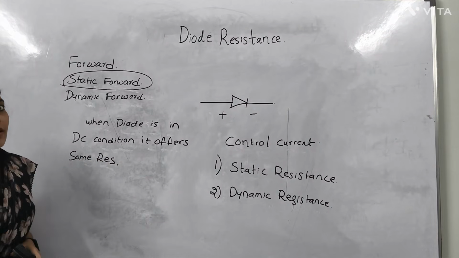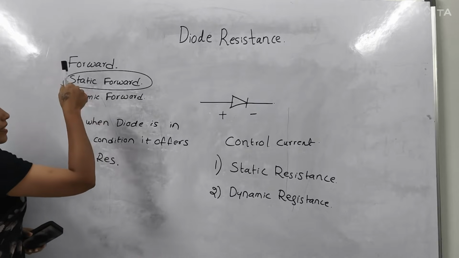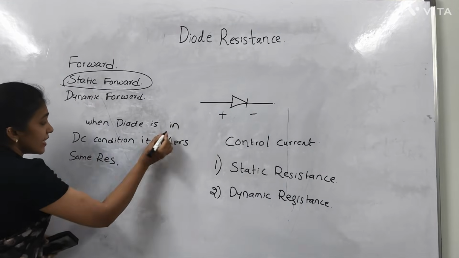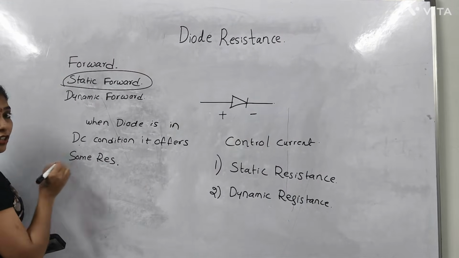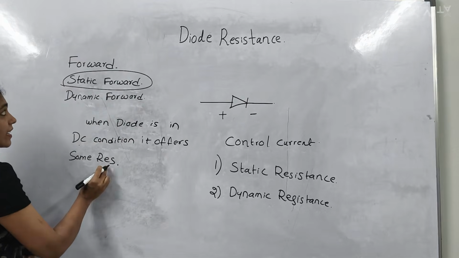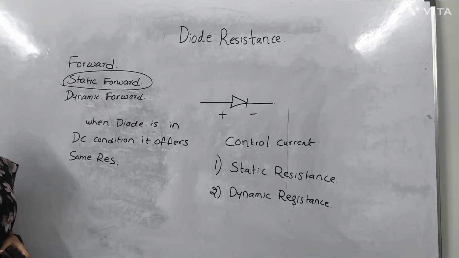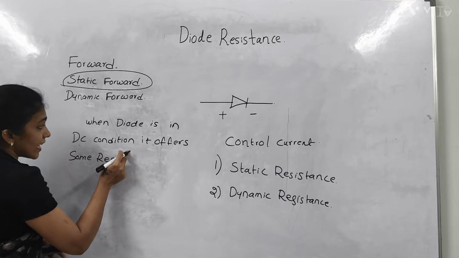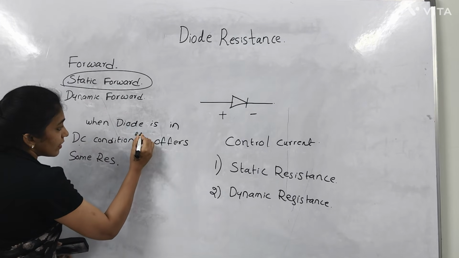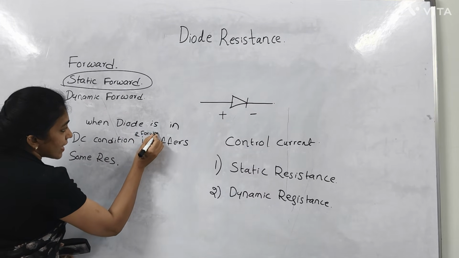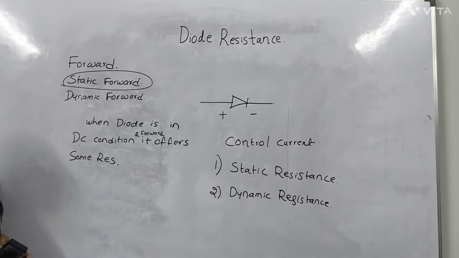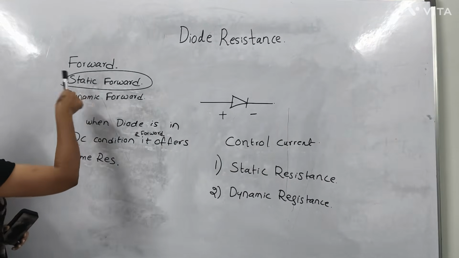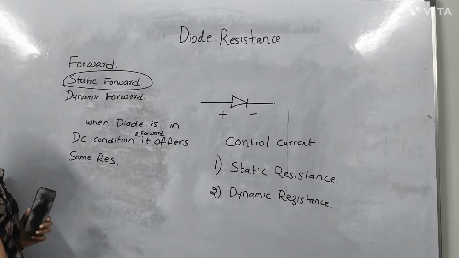That resistance is called static resistance. When the diode is in DC condition as well as forward bias condition, it offers some resistance. That total resistance is called static forward resistance.